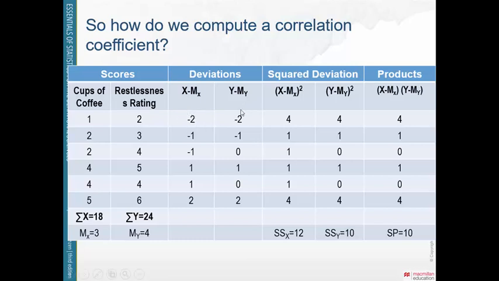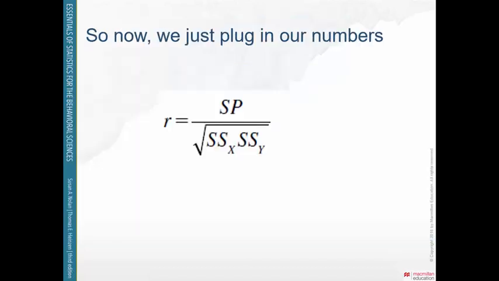So -2 times -2, remember, negative times a negative is a positive, so it gives you +4. -1 times a -1 is a +1. -1 times 0, that's 0. 1 times 1 is 1. 1 times 0 is 0. 2 times 2 is 4. Okay? Then you add those up and you have sum of products there. And that's everything you need to calculate your correlation coefficient.